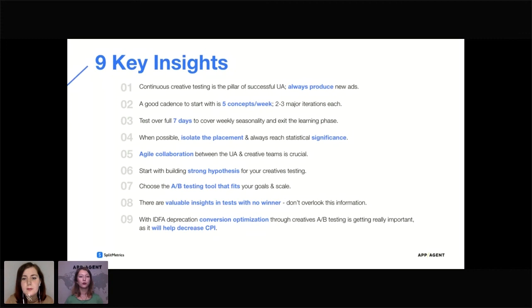But the amounts will vary depending on what you're optimizing towards and what your whole conversion funnel looks like. Statistical significance is all about making sure that the results of the different ads you're testing overlap as little as possible. That is, I guess, the shortest, best way I can describe it.